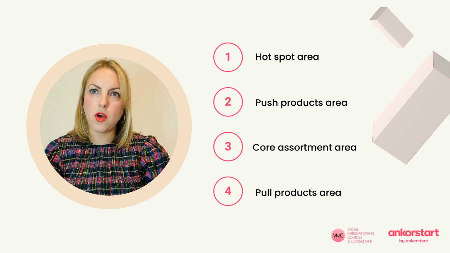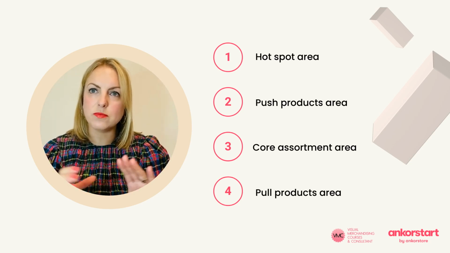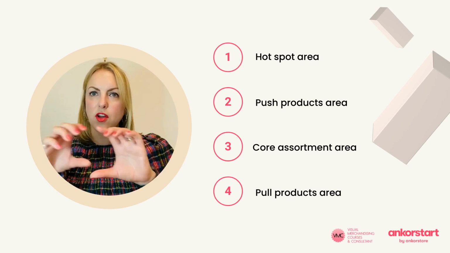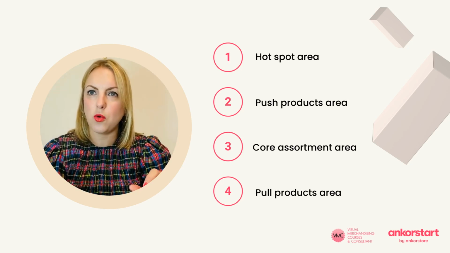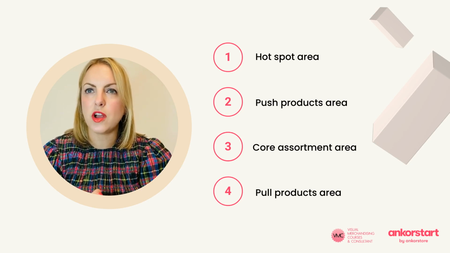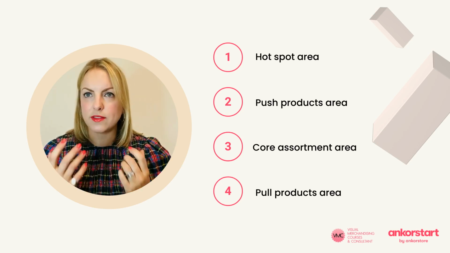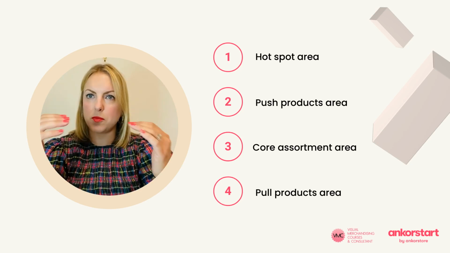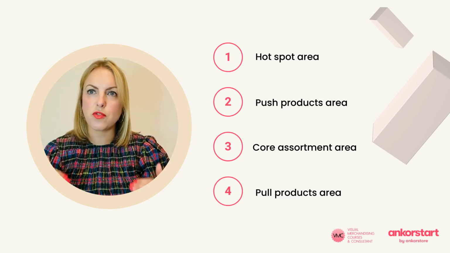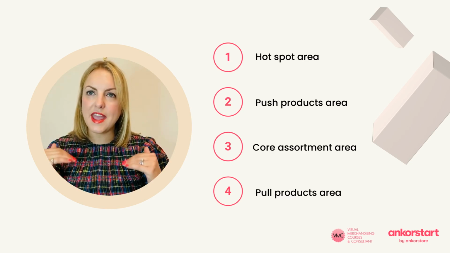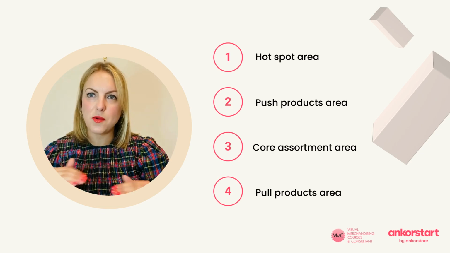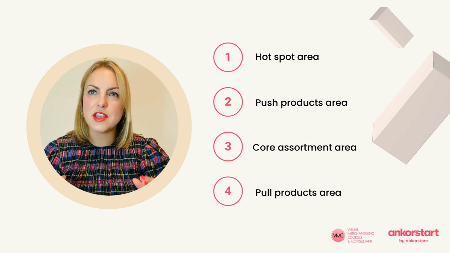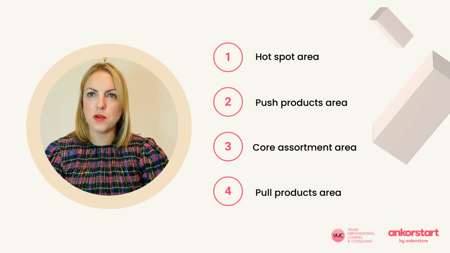The third part of the page is the core area: any product or brand that customers always come to you for, to encourage them to scroll through the page. And area 4, the lowest part of the page, should have your pull product or pull services.